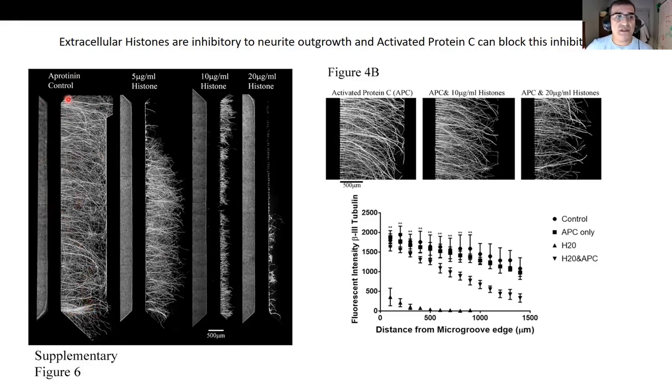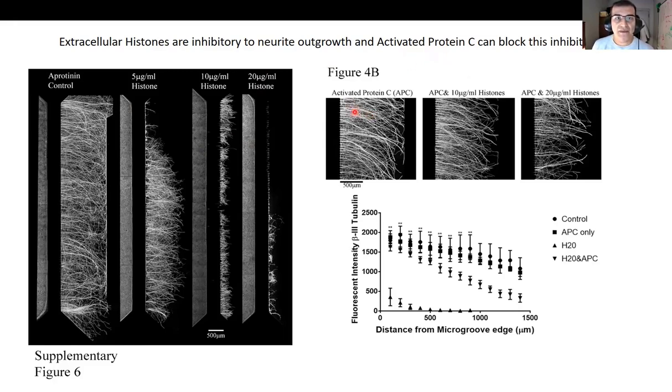And what we observed is that aprotinin has no effect on neurite outgrowth. However, when we applied histones to the neurites, in a dose-dependent fashion, we observed that neurite outgrowth was being inhibited. Activated protein C, which is an endogenous protein of our coagulation system, can cleave histones and render them inactive.